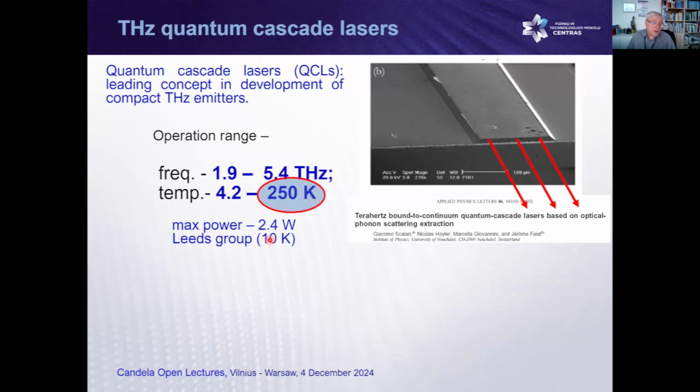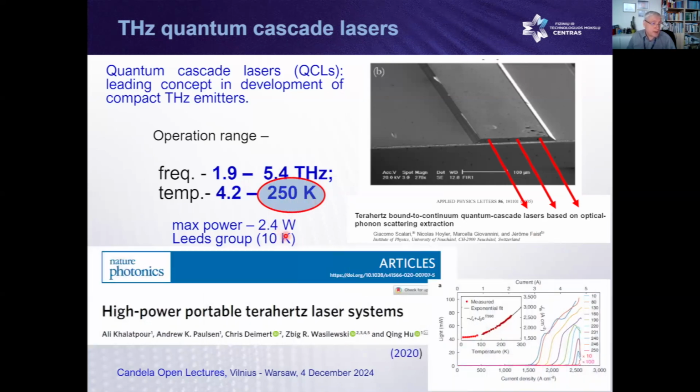So this is an issue for terahertz imaging applications. This is taken from recent work 4 years ago from MIT, and they published this very nice picture, but you see the power at 250K is still very weak. 250K is important because you can get rid of cryogenic cooling, since this temperature can be reached by applying, for instance, 2 Peltier cooling elements.